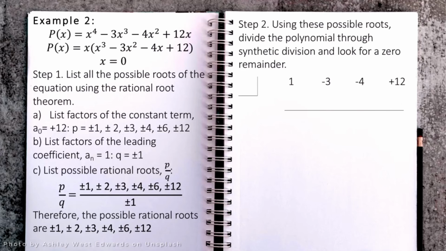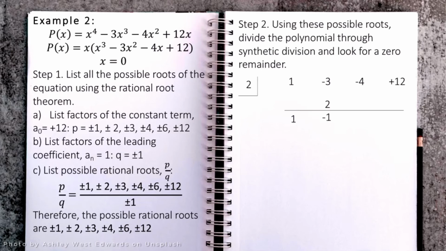Okay, now, since positive and negative 1 are not zeros of our function, let's try positive 2. And then, divide. Bring down positive 1, then multiply. 2 times 1 is 2. Then add. Negative 3 plus 2 is negative 1. Then multiply.